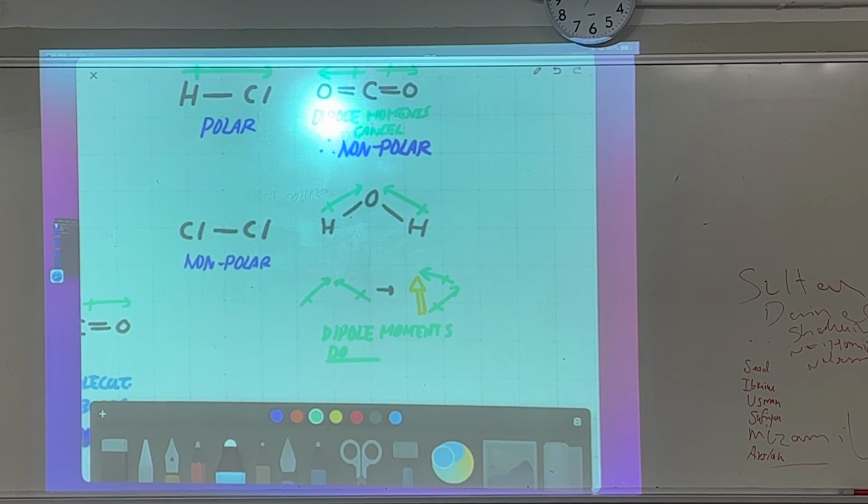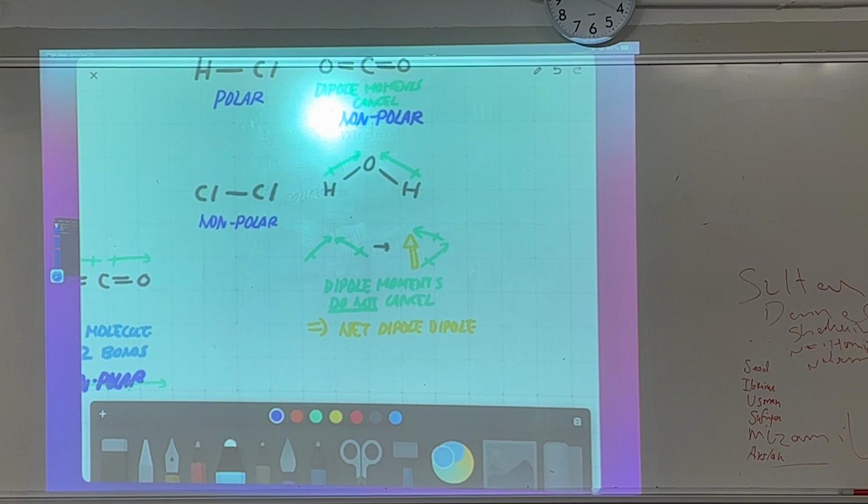They do not cancel, and that results in a net dipole moment. The yellow arrow represents the net direction they are pointing. So what is the conclusion? It is polar.